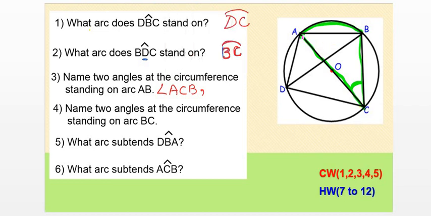So it's here. Again we have to start from A, then point D. So this is the angle, so it will be angle ADB.